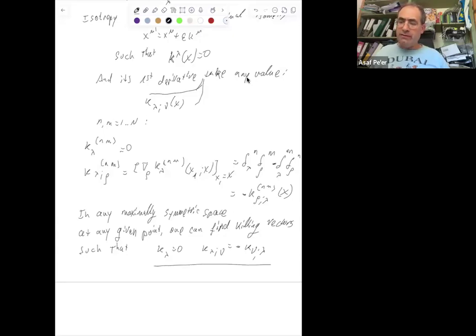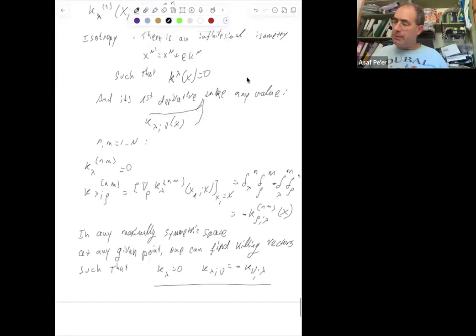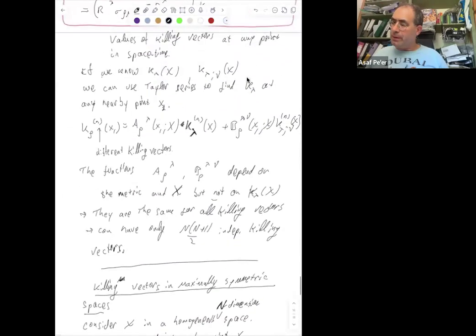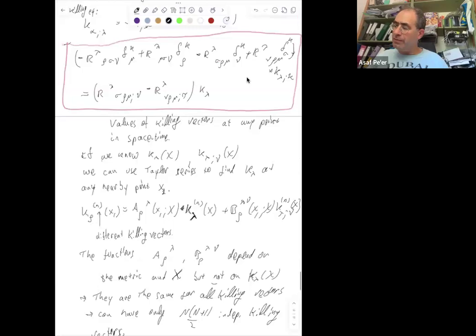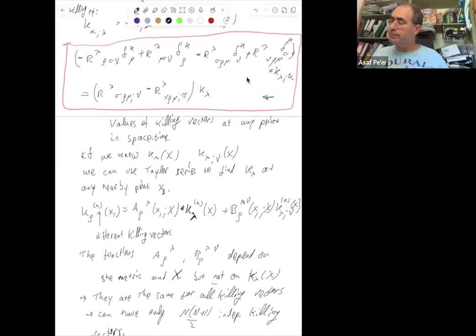Now we're going to take these Killing vectors and plug them in the equation that we derived here. k_lambda is equal to 0, meaning that all the right-hand side is equal to 0.